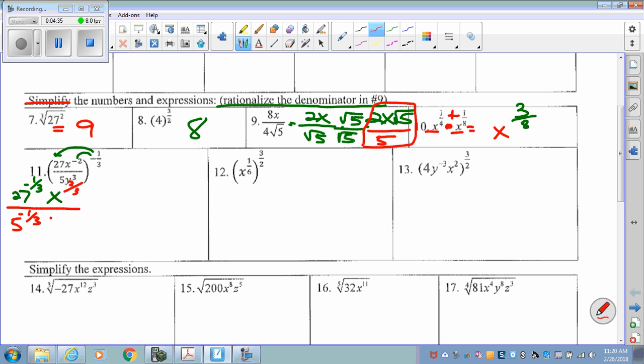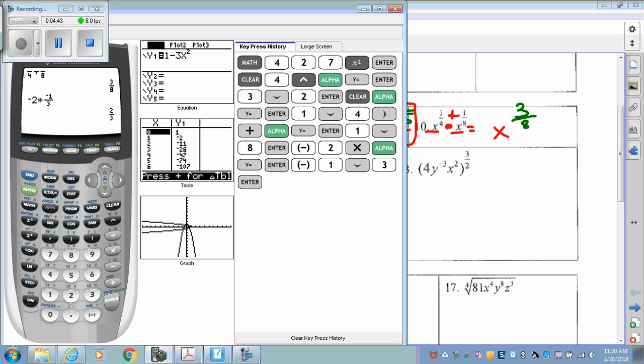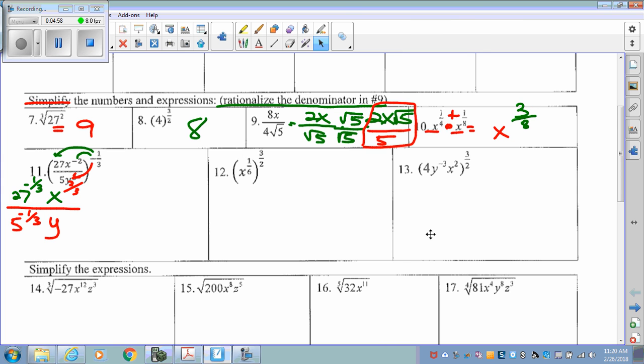And then that would be y. And again, I'm going to take a power of a power, so I'm going to multiply 3 times negative 1/3. I'll hit enter, so I get negative 1 for that one. So y to the negative 1 power, okay?